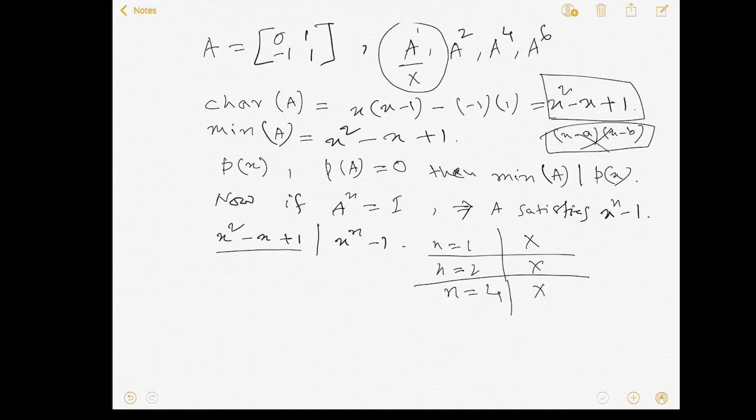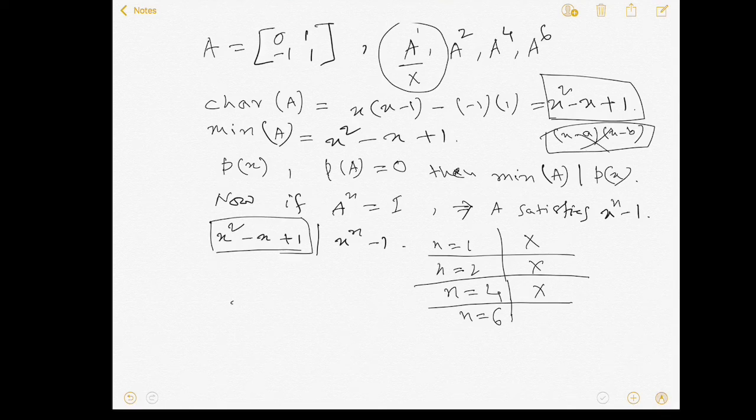So now we are sure, as only one option is correct, n equal to 6 is the correct answer. But for n equal to 6, we want to check whether this polynomial actually divides x to the power 6 minus 1.